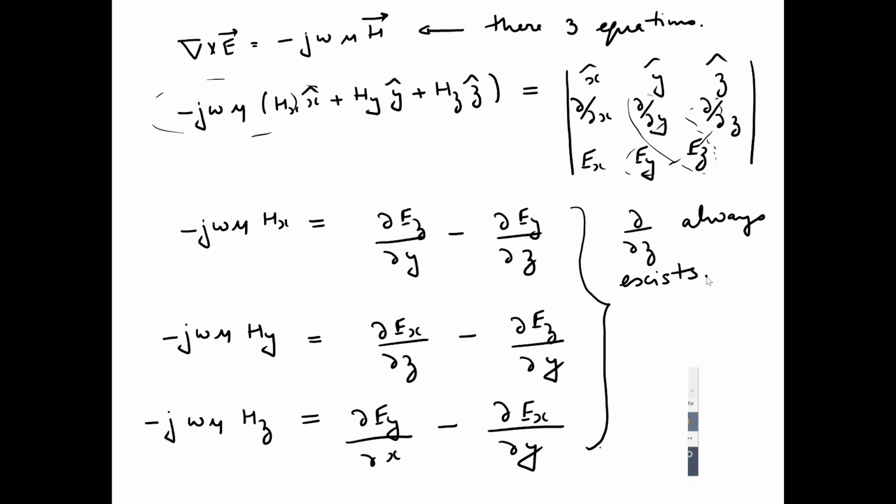Notice one thing. If you have a component in x or y which varies in the orthogonal direction, so if I have electric field in y which varies in x, such that this term is positive or negative but not zero, then Hz would exist.